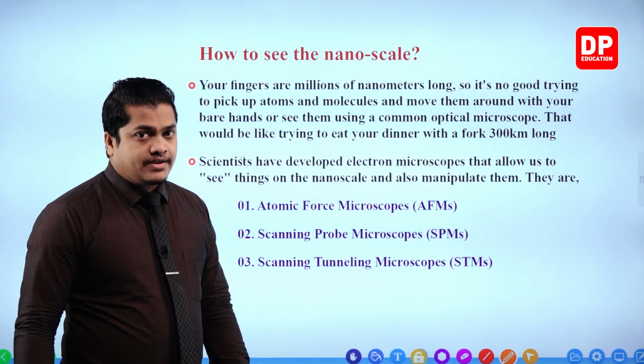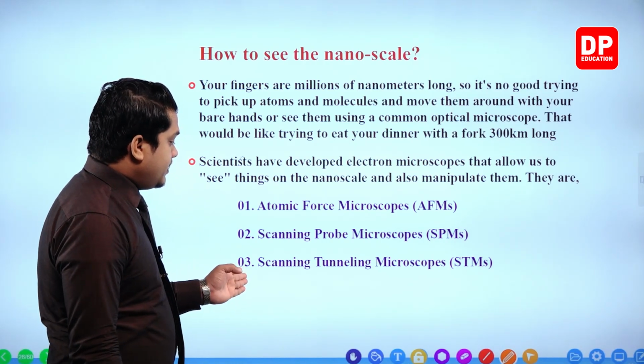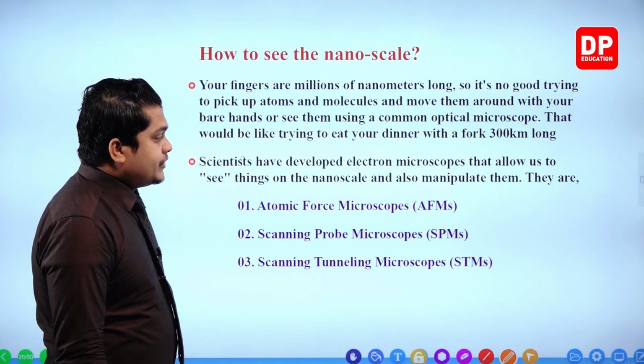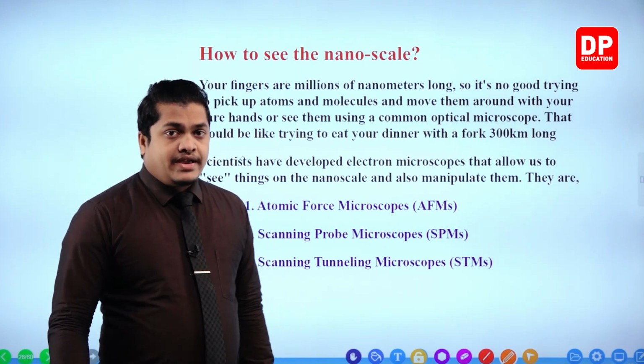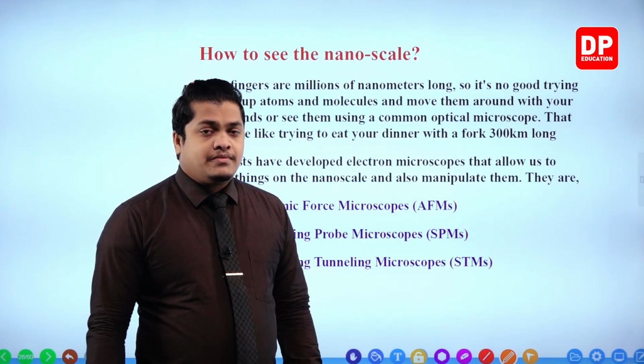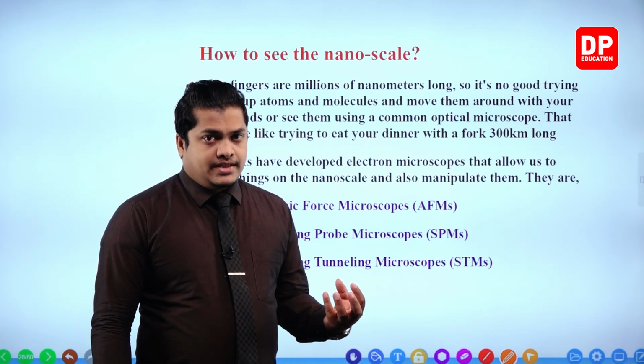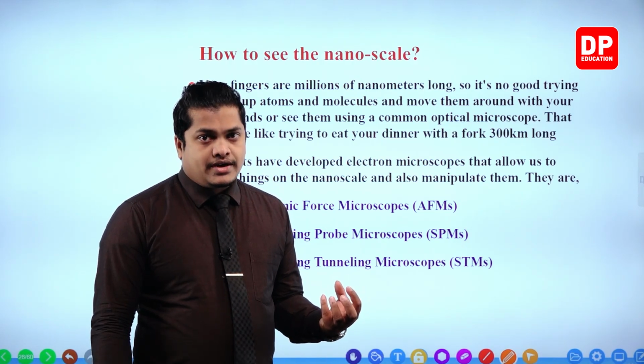Number three, scanning tunneling microscopes, STMs. So these are the types of electron microscopes developed by scientists in order to observe these things. These things means nanoparticles.